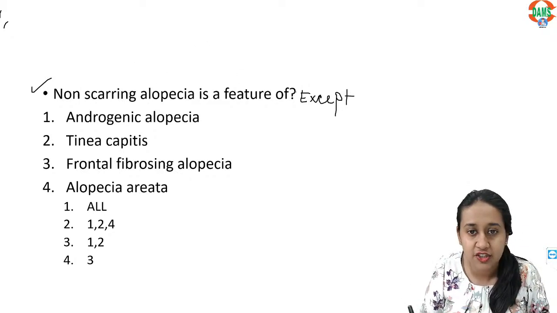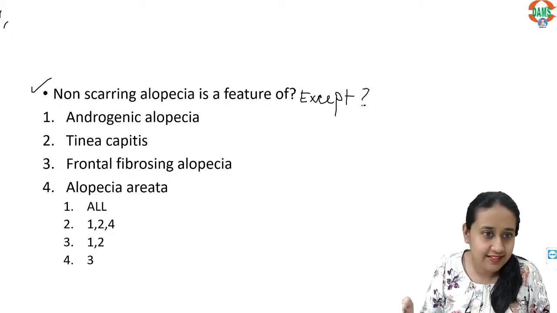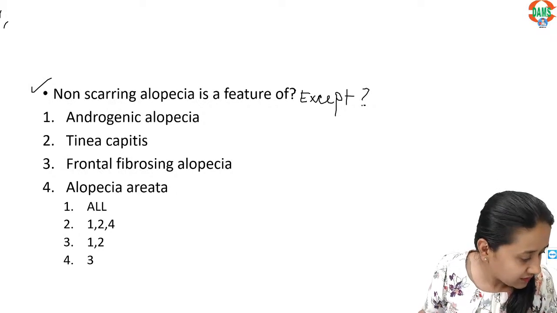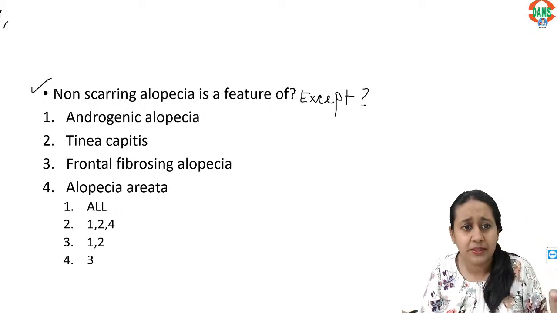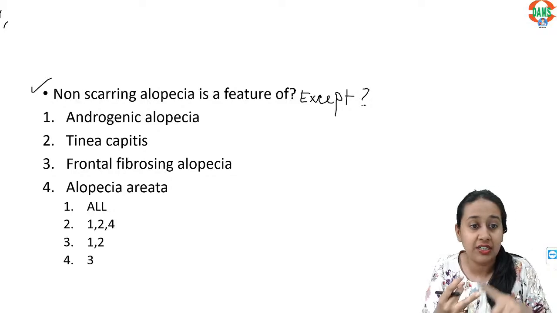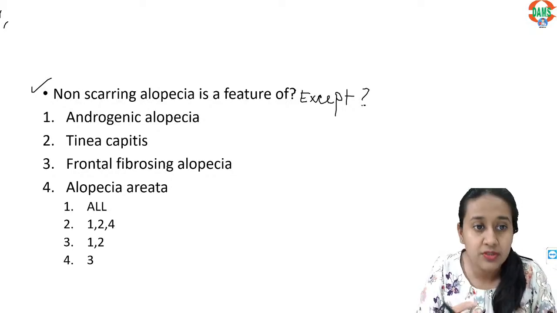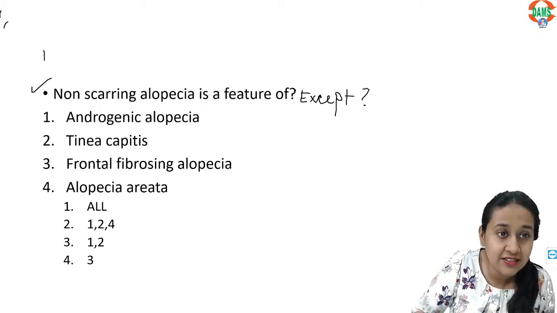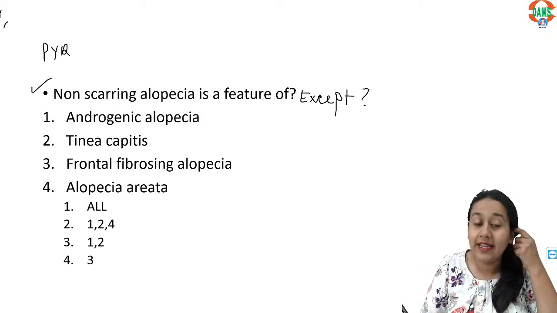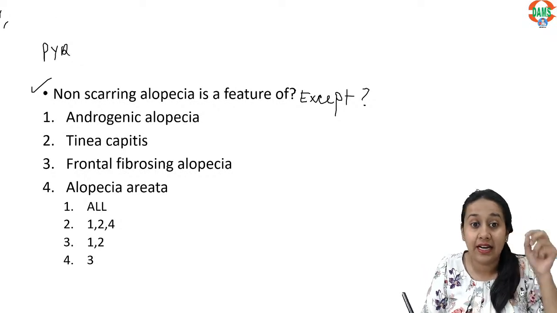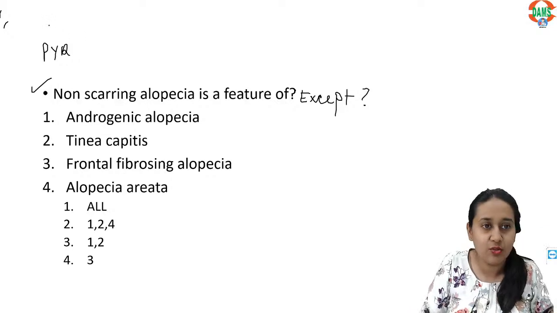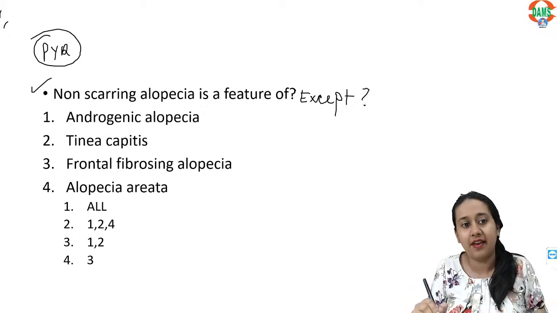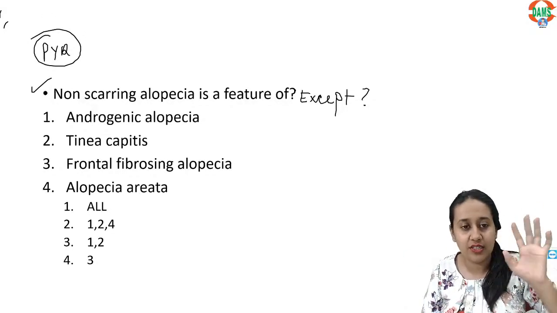Non-scarring alopecia is a feature of all except. I think that was the question, right? So can you tell me what will be the correct answer? Androgenic alopecia, tinea capitis, frontal fibrosing alopecia and alopecia areata. This is a direct PYQ, and anybody who has attended my INICET T&D, this question was again present there. So second question, which was a direct repeat.